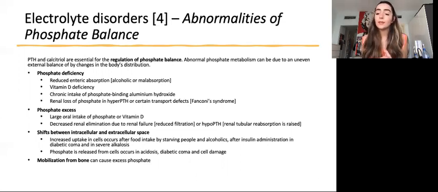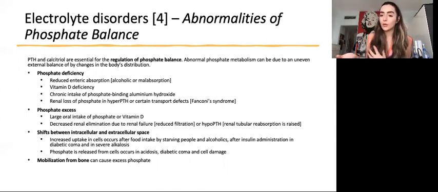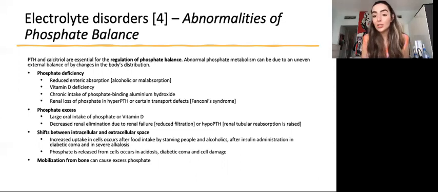But at the same time, it promotes the mobilization of phosphate in the bone. And calcitriol raises the plasma phosphate level by stimulating its enteric absorption and renal absorption.